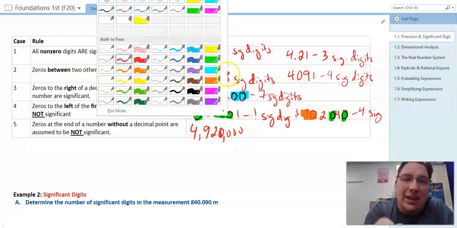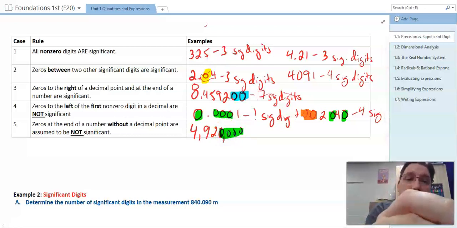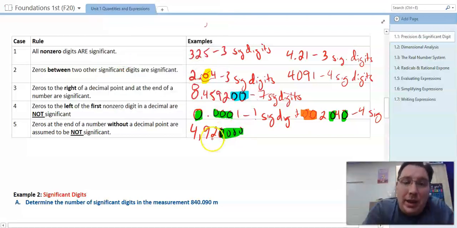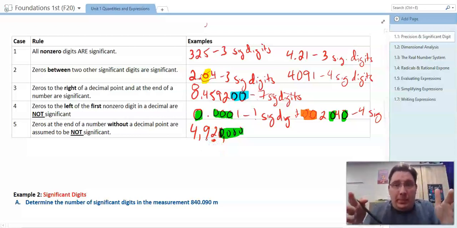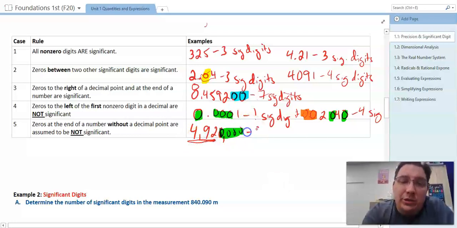All those zeros at the end of the number are not going to be significant, because once I get past the last non-zero number, and I don't have a decimal place in the number, so it's just a whole number, or an integer, technically based on the sign, the only numbers that are going to be significant are those 3 digits there. So this has 3 significant digits.